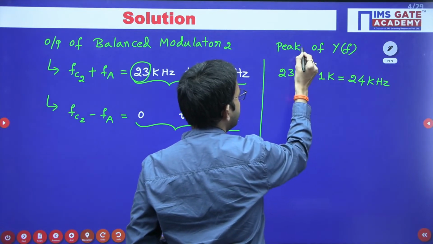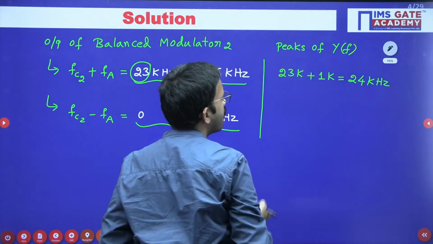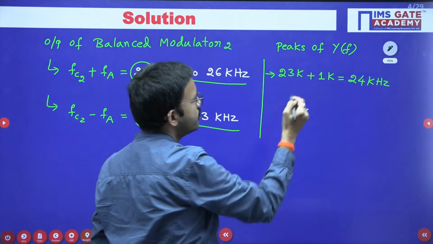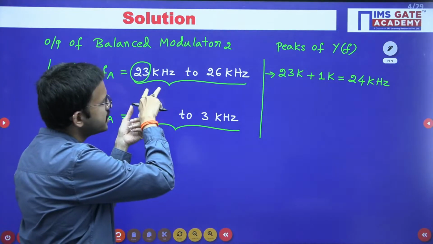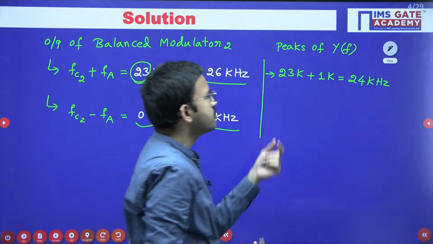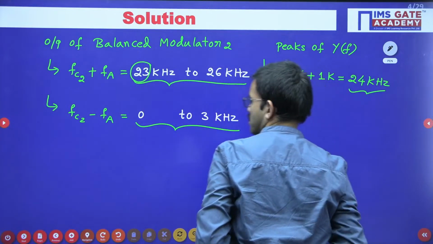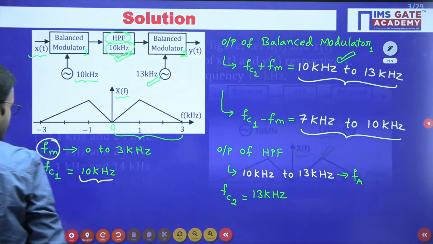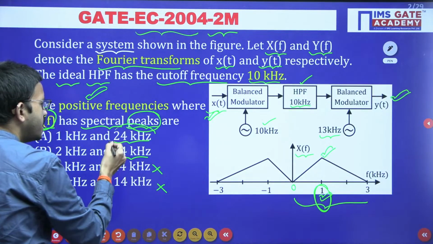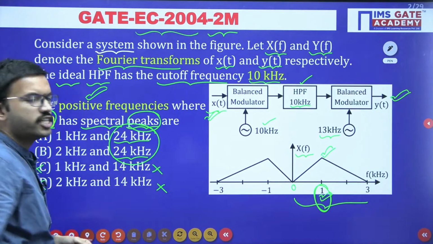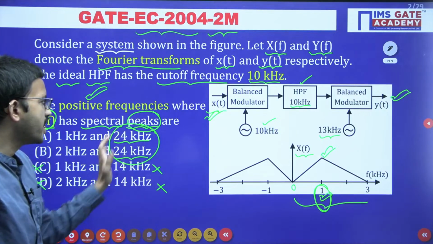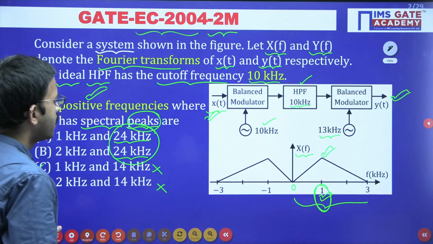So we are getting the peak value of y of f at one frequency, that is 23k plus 1k, which is 24k. Obviously, option A and option B both have 24k, right?